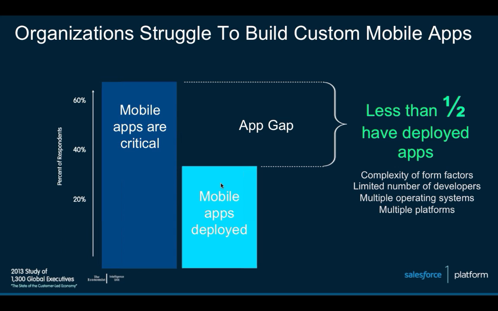Every week seems like there's a new Android coming out, and every 4 to 6 months there's a new iPhone, and different form factors and so on. There's a limited number of developers with those specialized skills for building native apps. That is something you're going to pay a lot of money for. And forget about the form factors. You've got different operating systems and multiple platforms underneath, and it's very, very difficult to get these apps built.